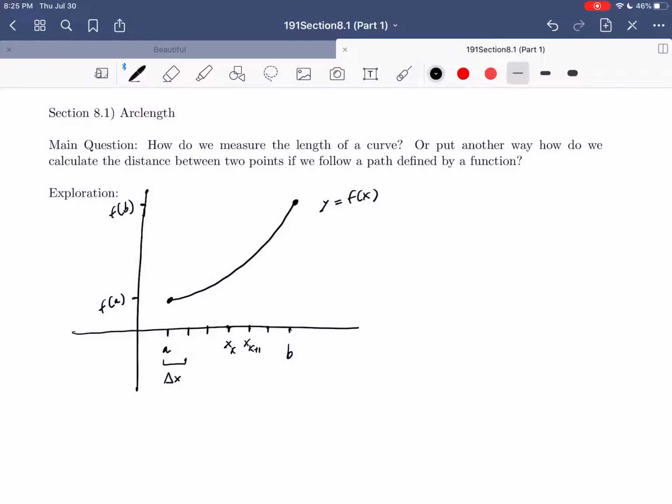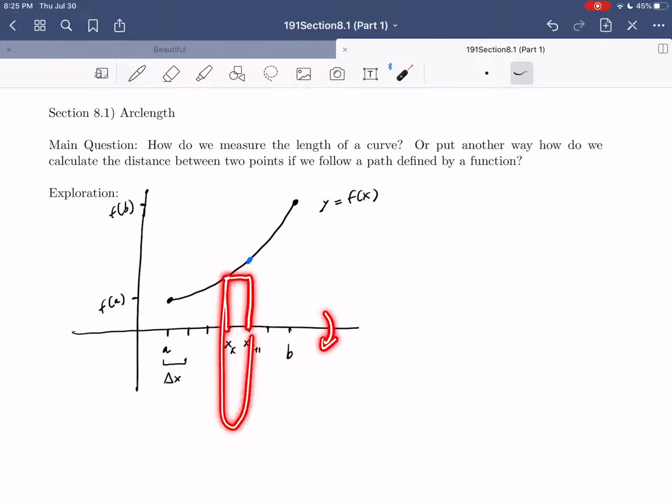And let's imagine actually locating the 2 points on our curve that correspond to that. So we're looking here and here. Now, of course, we've done a lot of things in our class where we might draw a rectangle if we wanted to measure the area, or if we were revolving, imagine building a cylinder or something like that.